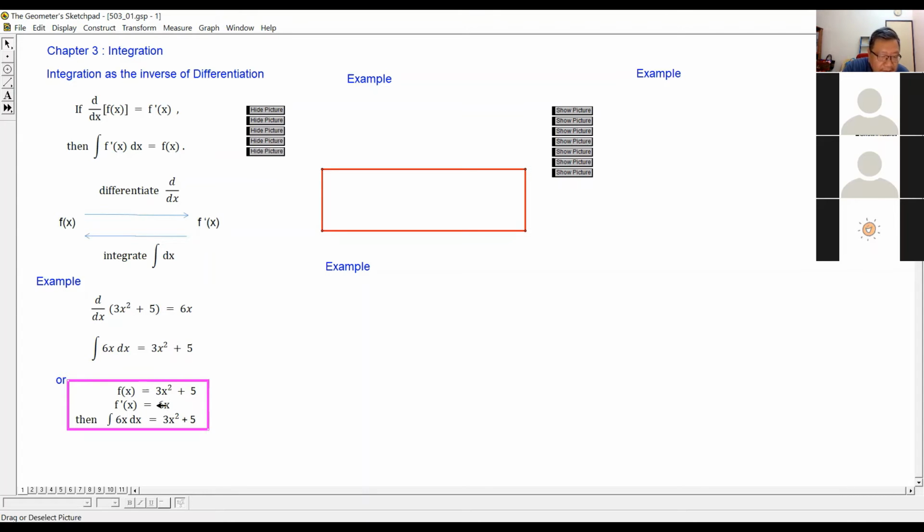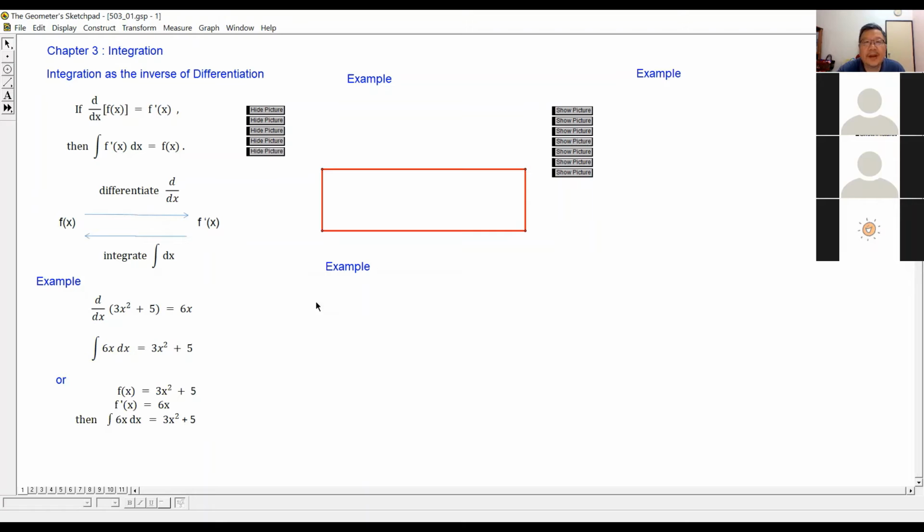So you integrate the function at the bottom here, you get back the function at the top. So in other words, you integrate 6x with respect to x, you get back 3x squared plus 5. So far, any question? Can you understand what integration is now? Yes, teacher. Okay, Jia Yan, okay or not? Can understand? Okay.